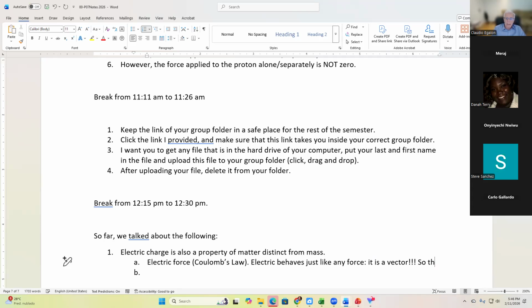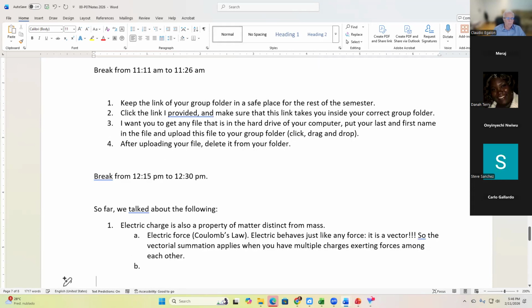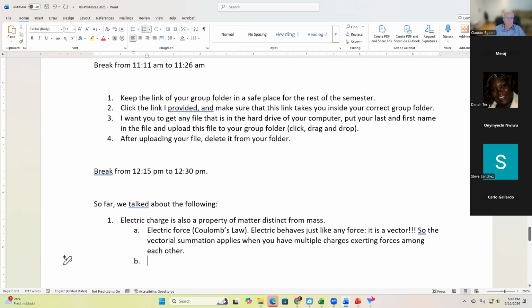So the vectorial summation applies when you have multiple charges exerting forces among each other. That's the idea you have to have in mind.